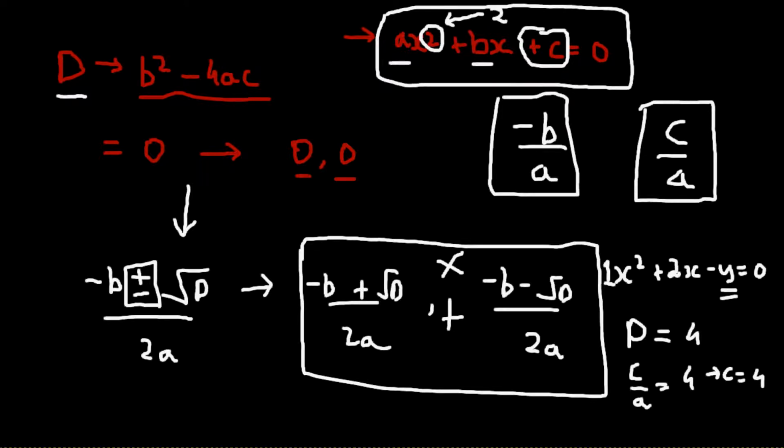It becomes plus of minus 2, which will be minus 2. So c not only includes just this part, but it's the whole thing, it's this whole term over here. So similarly, when we say c is equal to 4, it doesn't mean that just y is equal to 4, but actually the whole thing, this whole term, which is minus y is equal to 4. So since minus y is equal to 4, y is equal to minus 4.